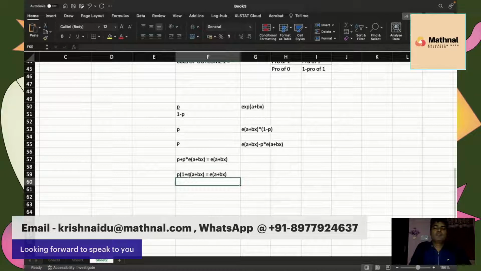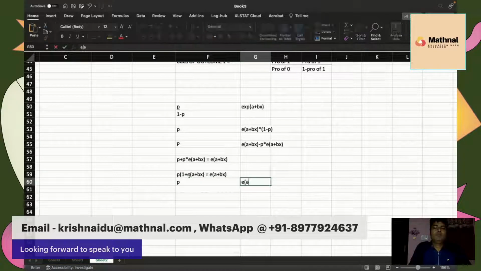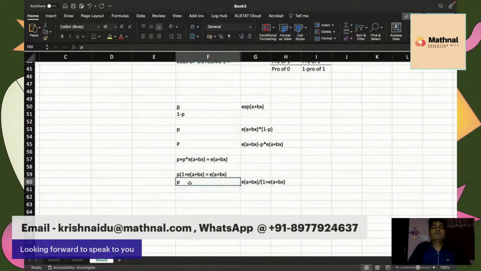So what is p here? P is equal to e to the power a plus bx divided by 1 plus e to the power a plus bx. This is p, meaning p of 1.